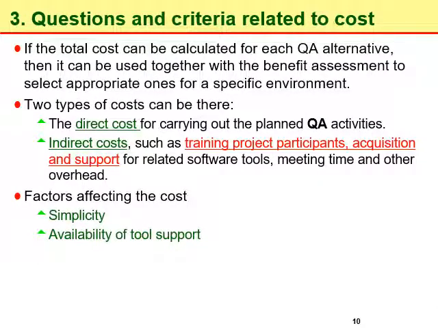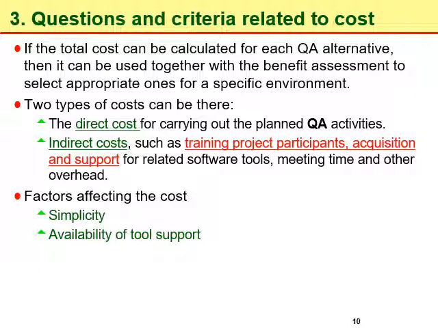Then the third criterion we discuss for the comparison of different quality assurance techniques is cost. If the total cost can be calculated for each quality assurance alternative, then it can be used together with the benefit assessment to select appropriate ones for a specific environment. The quality cost can be mainly categorized into direct costs and indirect costs.